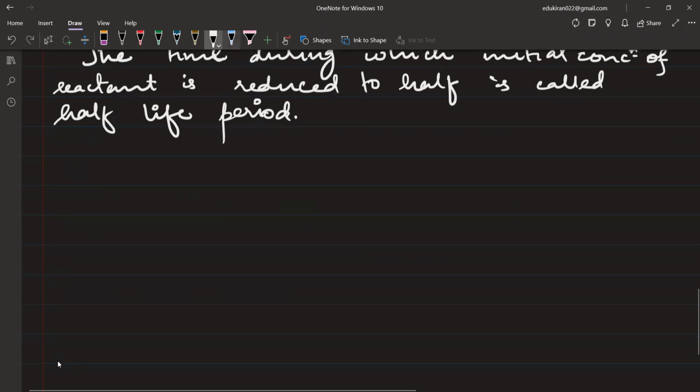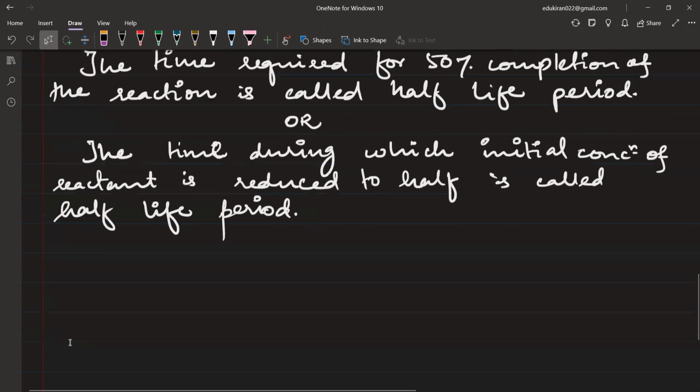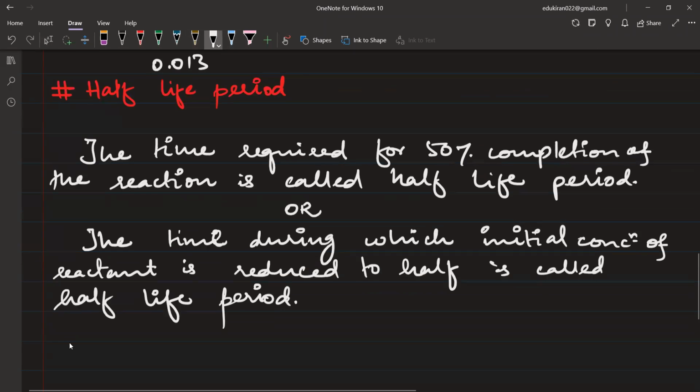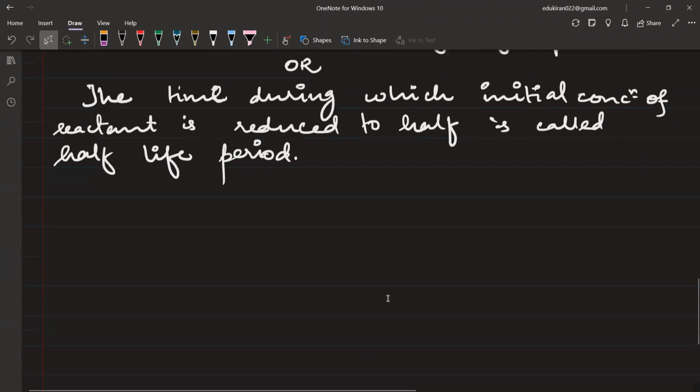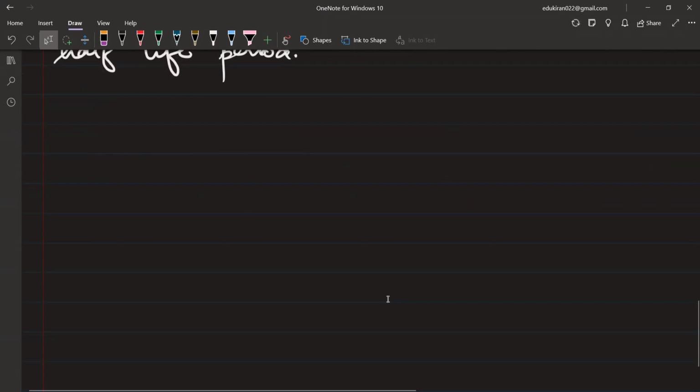Right, number 1. Half-life period is also written in brackets here, T half, that is how we write it, okay? And we can also write it T 50%. Both of them are fine. Right?